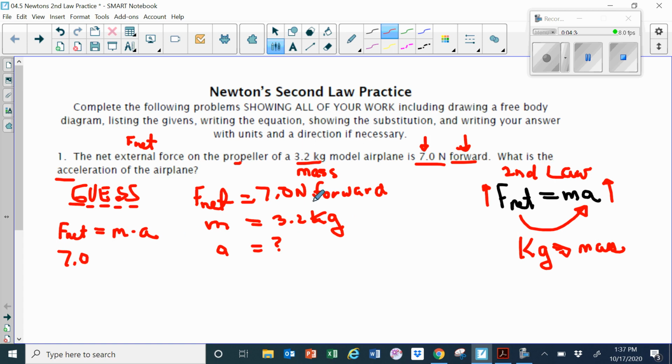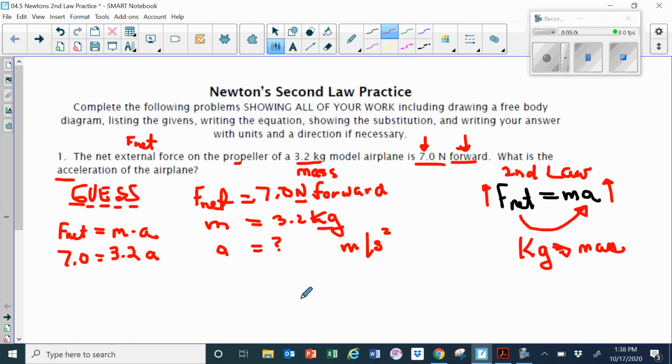Just keep in mind that if I use newtons for the forces and kilograms for the mass, the acceleration is going to be in meters per second squared automatically. So the mass is 3.2 kilograms, and then what is the acceleration? A.